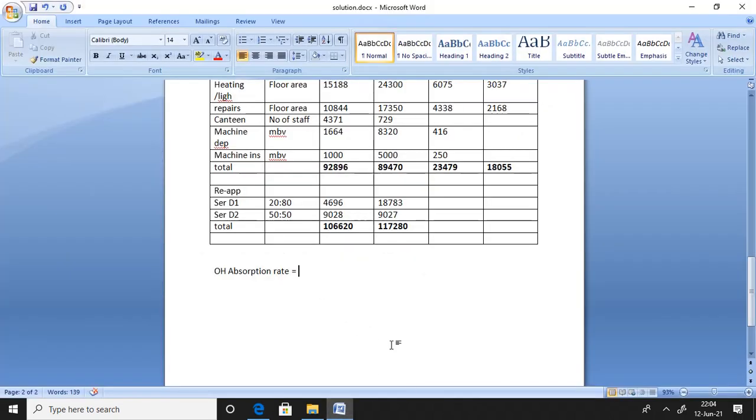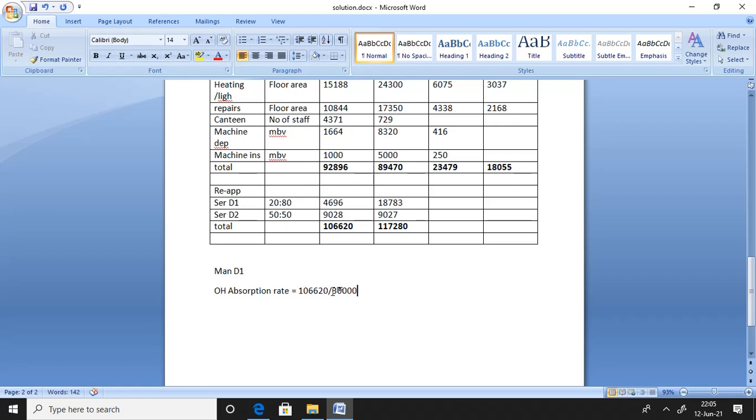So we'll say overhead absorption rate for manufacturing department 1 is 106,620 divided by the indirect labor hours of 30,000.